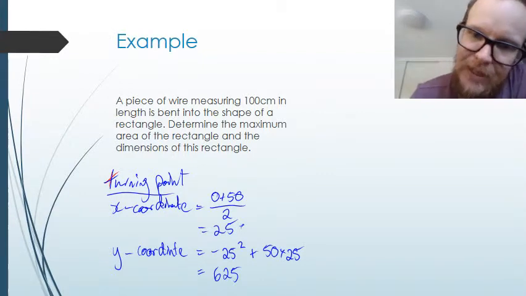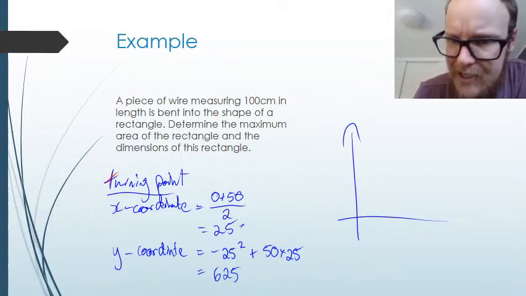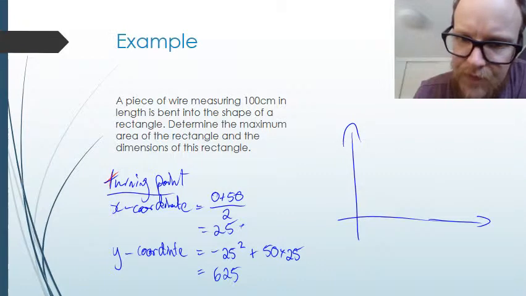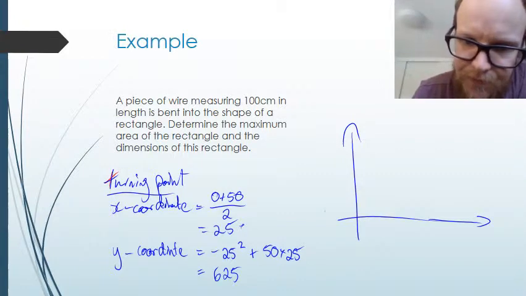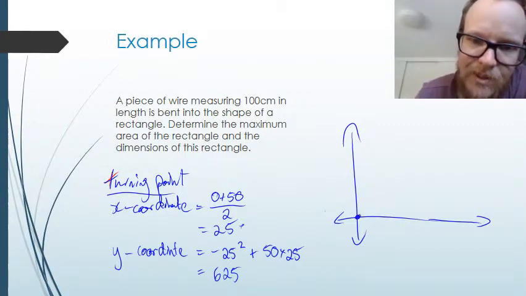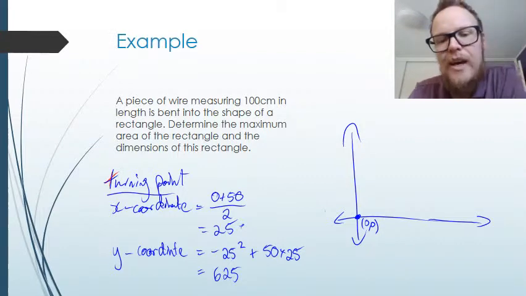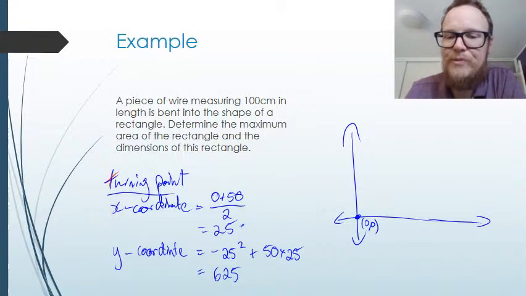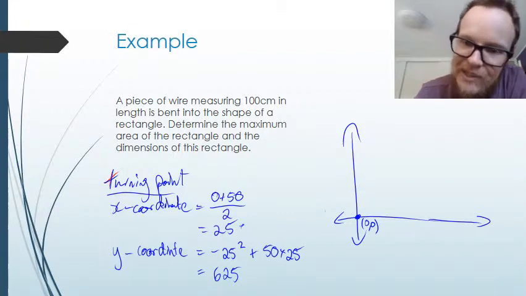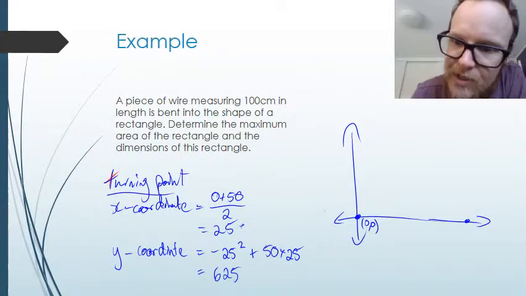Let's have a look. So I'm going to consider my axes here. Think about them very carefully and see where they're probably going to go. We know that this is a point here, 0, 0, that we need to plot. That was our y-intercept and also one of our x-intercepts. Another x-intercept that we have here is 50, 0.